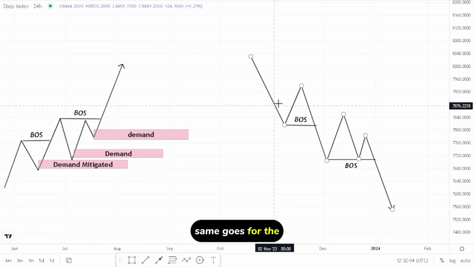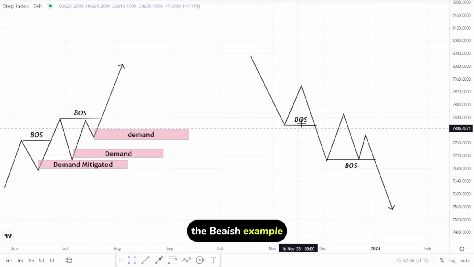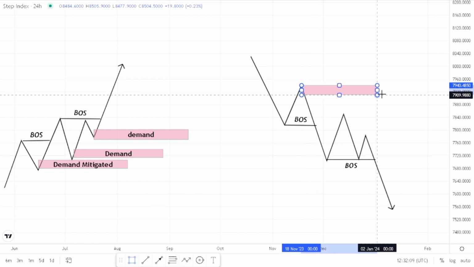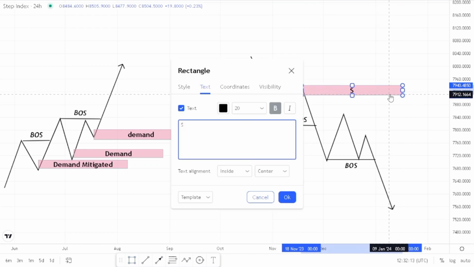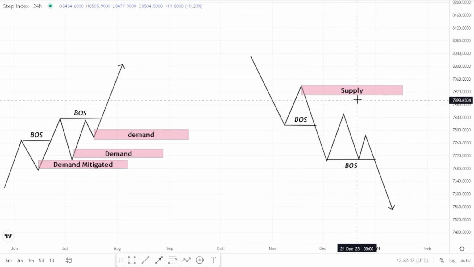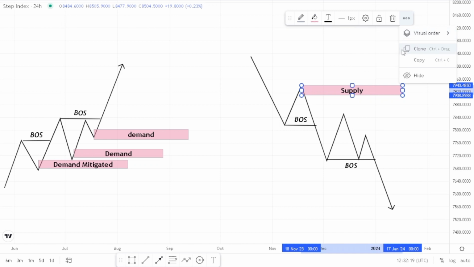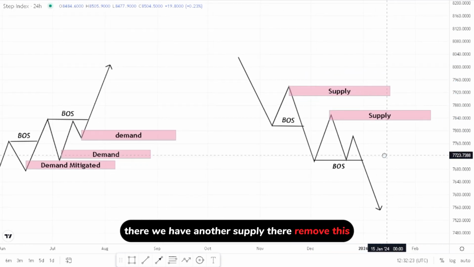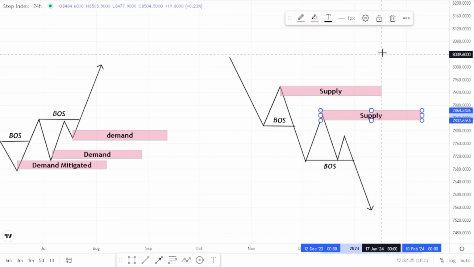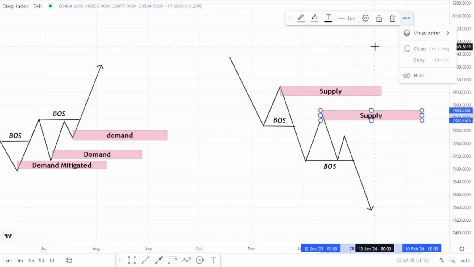Same goes for the bearish example. Here we have our supply. There we have another supply there. Clone.